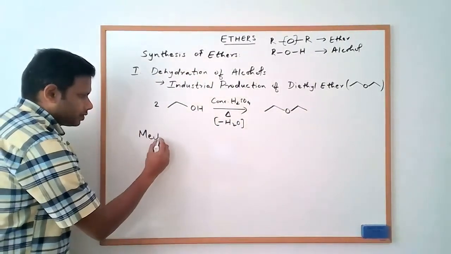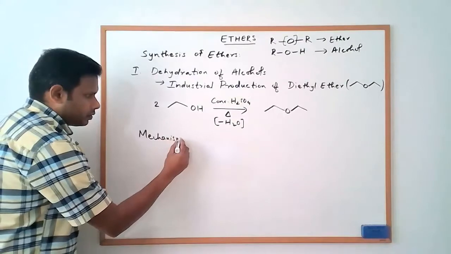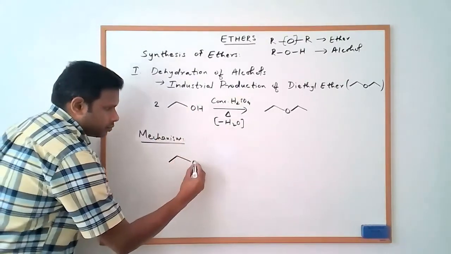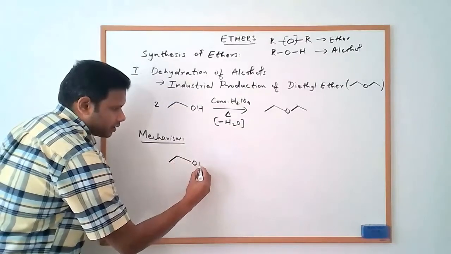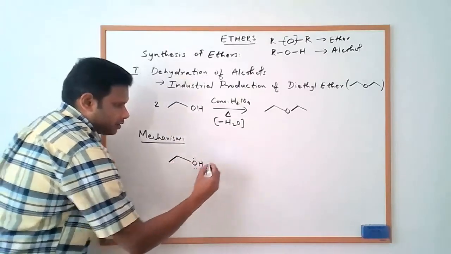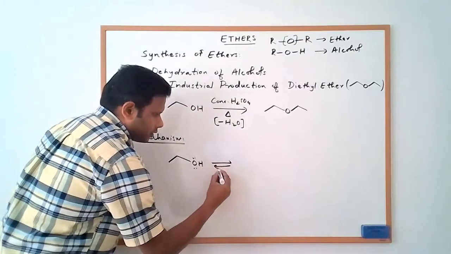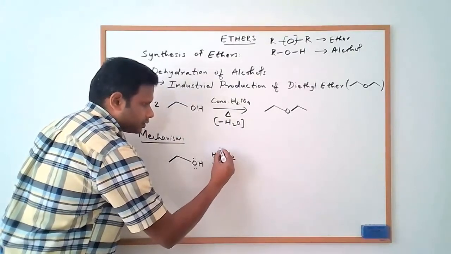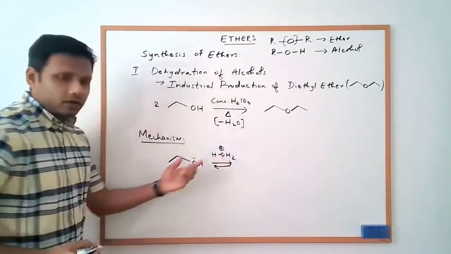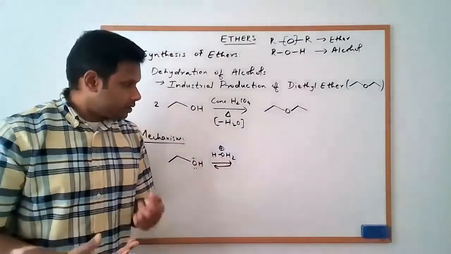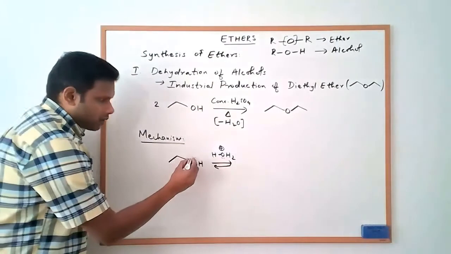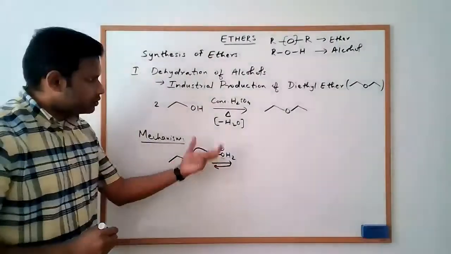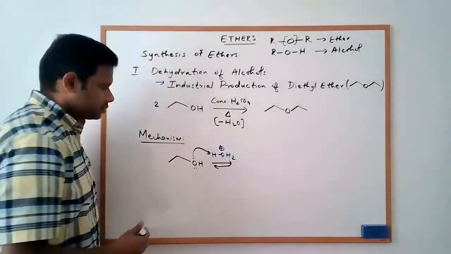Mechanistically, can you imagine that in the presence of an acid, the alcohol gets protonated? We can use a hydronium ion to represent the acid. The alcohol oxygen will get protonated under these conditions because we are operating under acidic conditions.